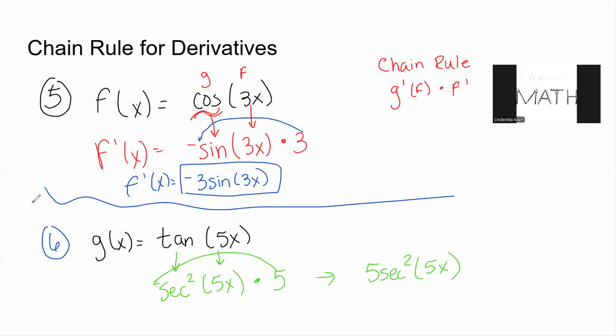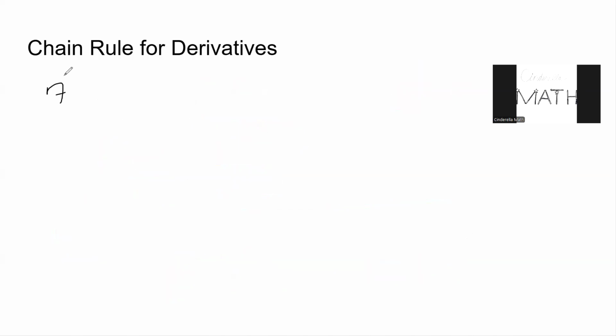Alrighty, I got one more trig for you. Number 7. We have h of t is sine to the 4th 2t. Okay. So the original, or the outer function, is sine to the 4th, and this is your inner function.